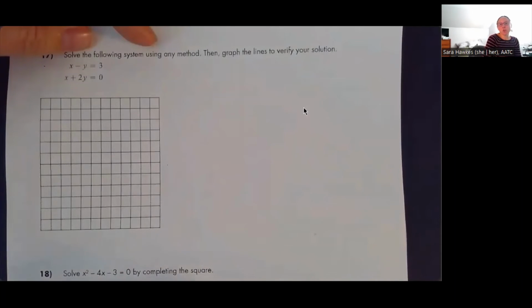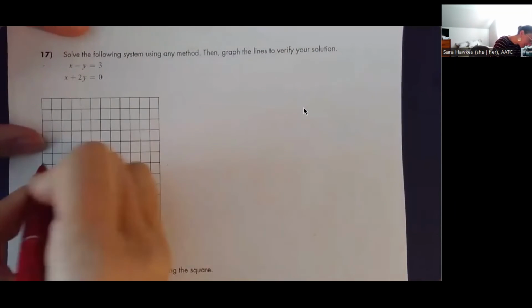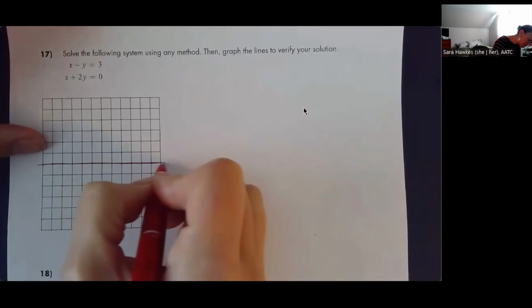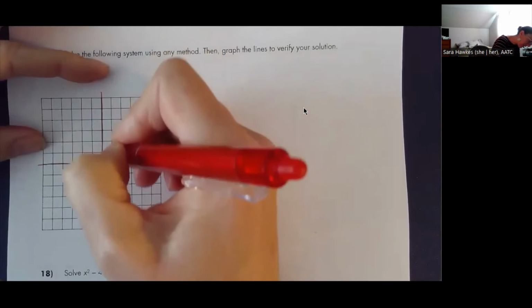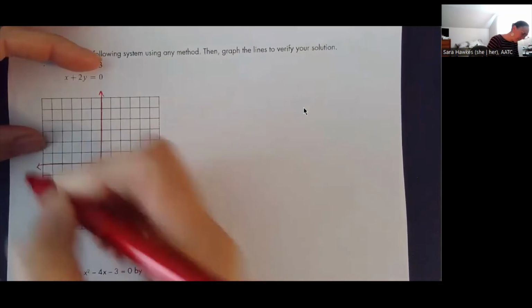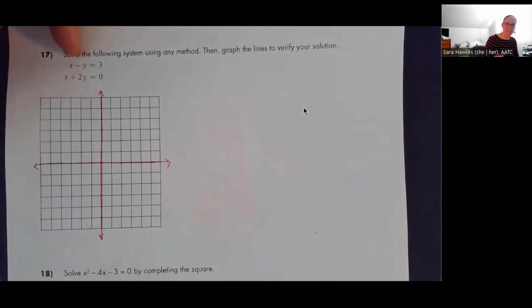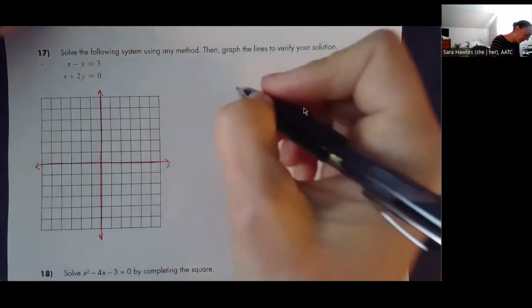Technically, that means you could have just graphed the lines and shown the solution on your graph. Doing that means you're going to want to be super, super accurate with your graph in order to find that solution. I think it's easier to find the solution using algebra first and then go to the graph.